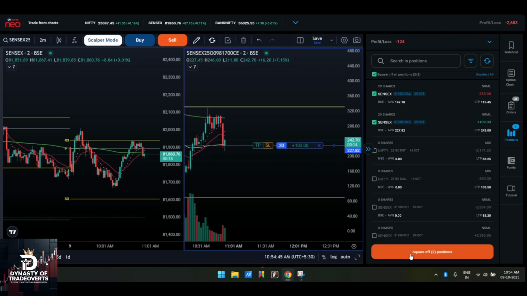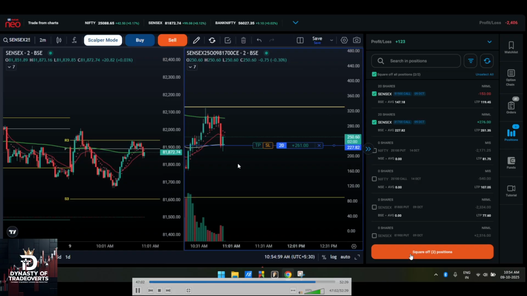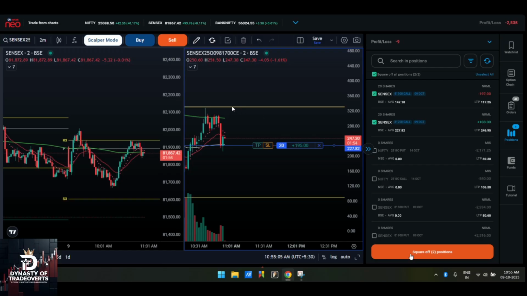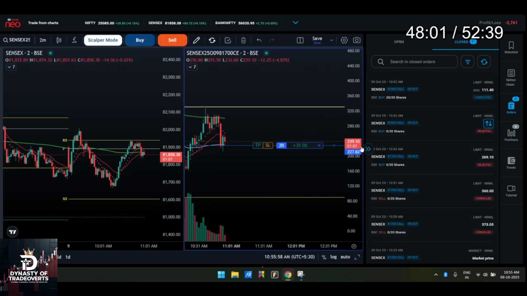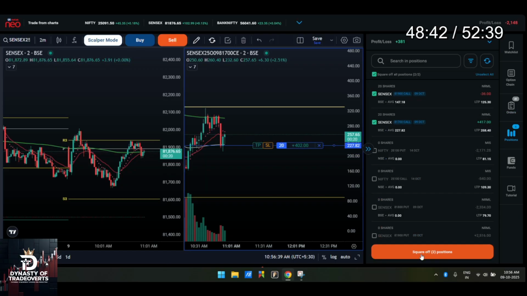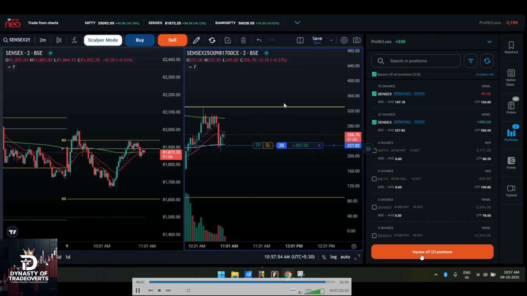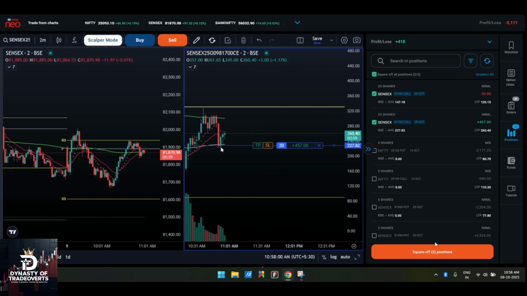The prices started moving up. If you remember, initially my target for this 81,700 call was 320 rupees, around this place here. Actually my target was 360 rupees, so that I would be able to recover all my losses, but it touched 330 and came all the way back.